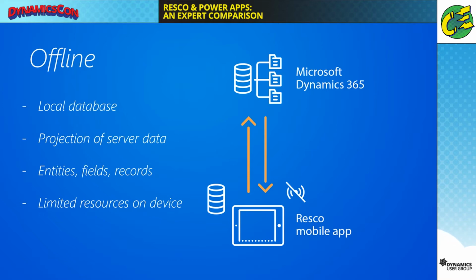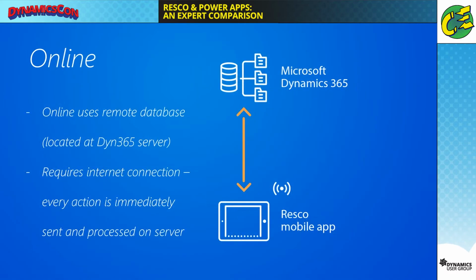The projection consists of the entities, the fields, and the records, which are created as a mirror, let's say, in the local database. On the other hand, we have the standard online model, which basically depends on a live connection with the server.